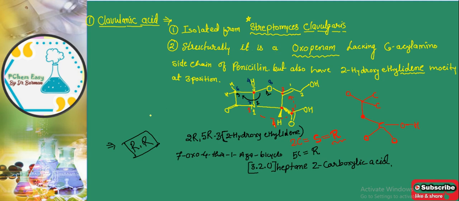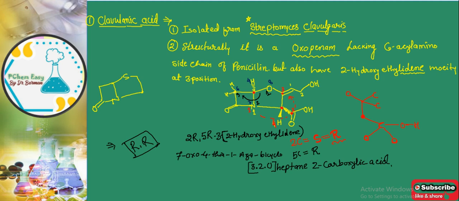As we have seen, the penam ring has this beta lactam plus this sulfur. This is called the penam ring. Here the sulfur is replaced by oxygen, so that's why it is called the oxapenam derivative. It lacks the 6-acylamino side chain of penicillin.